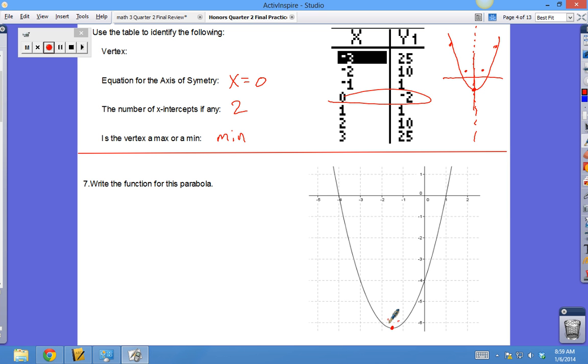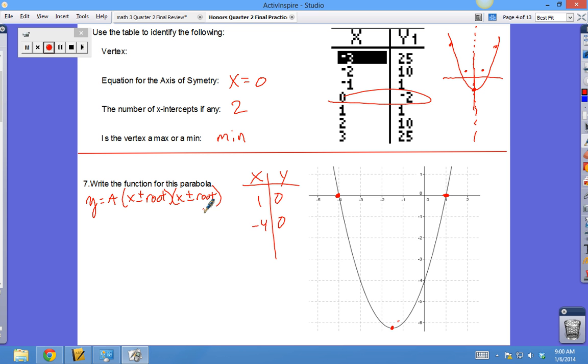I don't know. But I do know exactly where the roots are. My roots are at (1, 0) and (-4, 0). So if I know exactly where the roots are, I'm going to use the factored form. So the factored form is y equals a times (x plus or minus a root) times (x plus or minus a root).